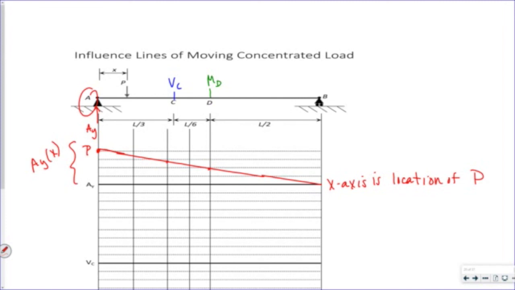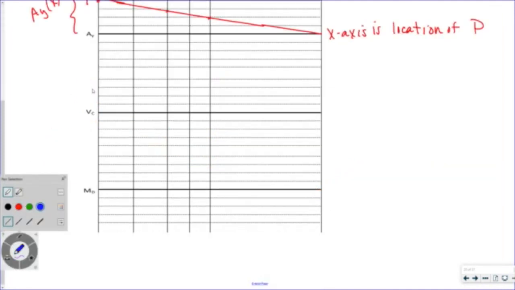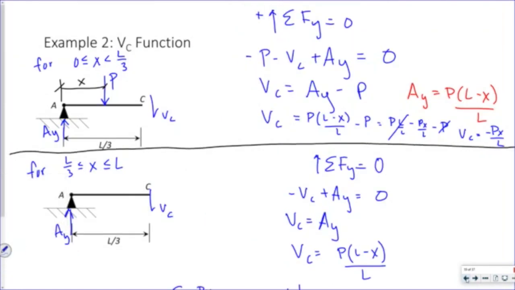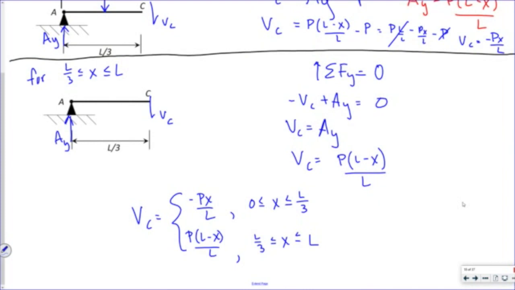Now if I go to look at my shear, I want to draw that. The shear looks kind of funny. Remember, it had 2 parts to it. It was negative up until L over 3, and then it was going to be positive.